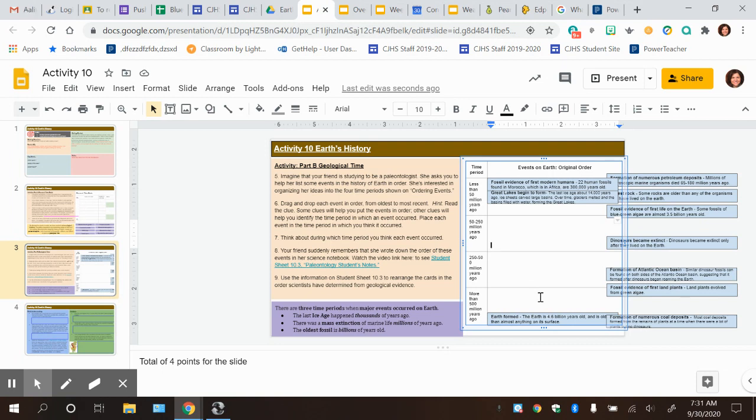All right, so now you should be ready for step 8, that you have all of these in order. It says your friend suddenly remembers that she wrote down the order of the events in her science book. Watch the video link and check your answers. So you'll click on here and now you'll be able to check your answers. And then it says use the information on 10.3.